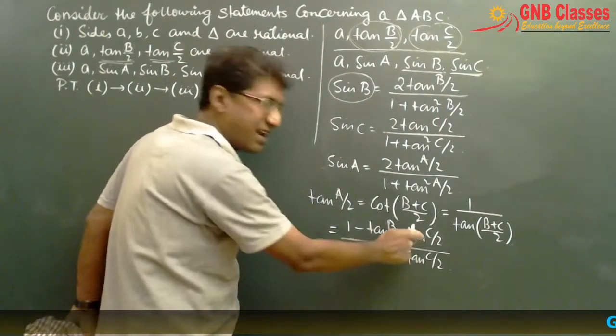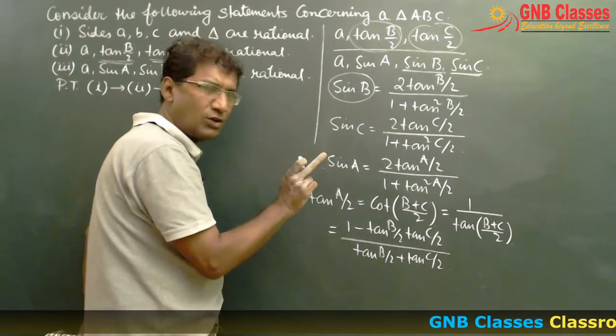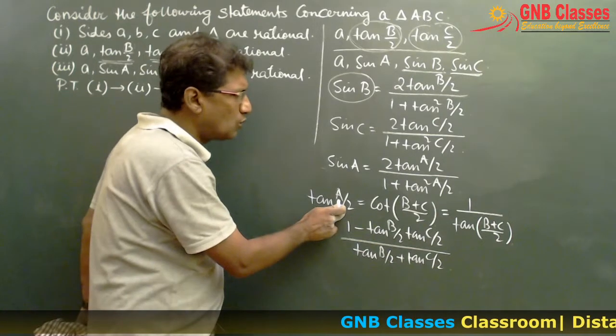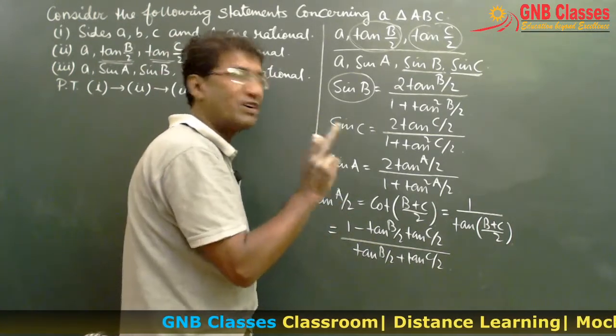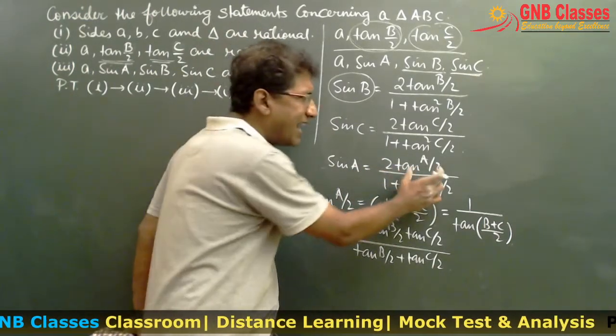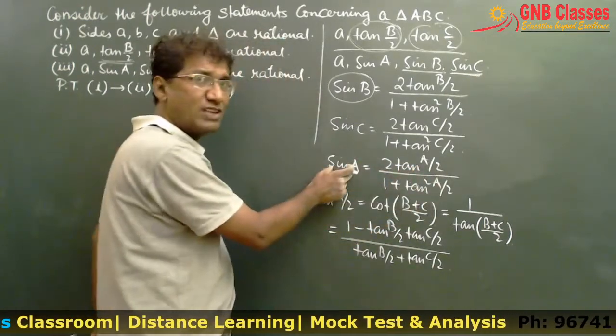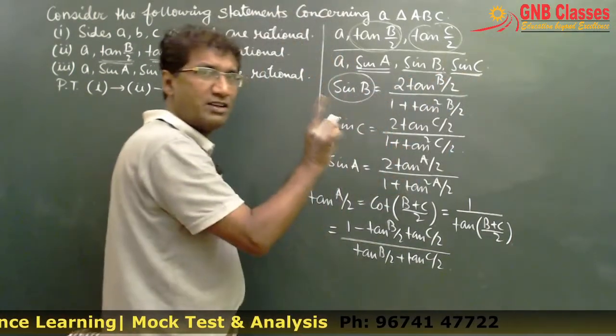So we can see easily from here that tan A by 2 is also rational. So tan A by 2 rational implies sine A is also rational, because it is 2 tan A by 2 divided by 1 plus tan square A by 2.